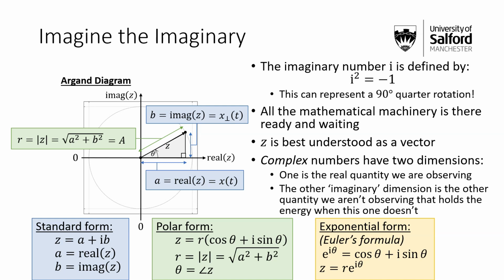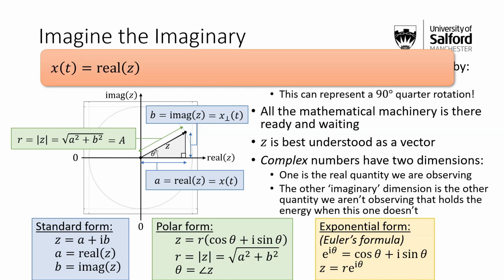But just to give you a quick preview, what we're going to try and do here is say that x is going to be equivalent to the real part of z, so z is like x but with an imaginary part bolted on, and we'll see that we can write that in some sort of exponential form. We've got some radius and this e to the I theta business, and if you remember that theta was omega t plus phi, then we can pop that in, and we can remember over here that r is A, and this is more like the form that you're going to see as we go forwards with these things.